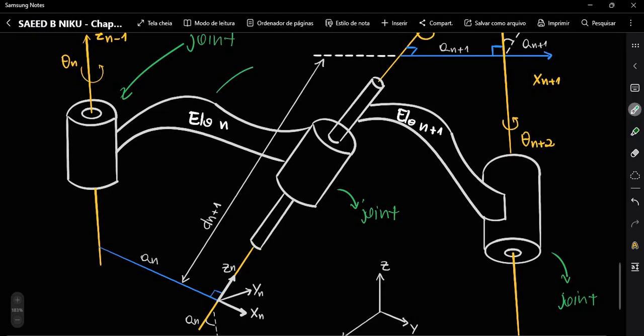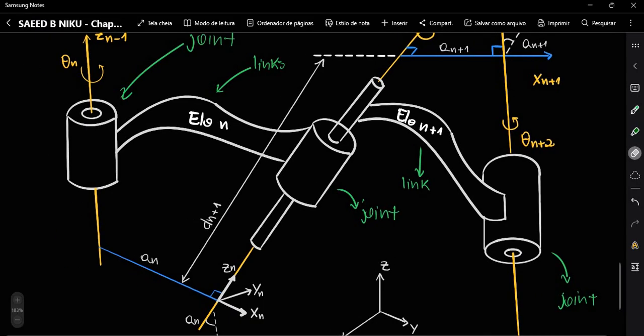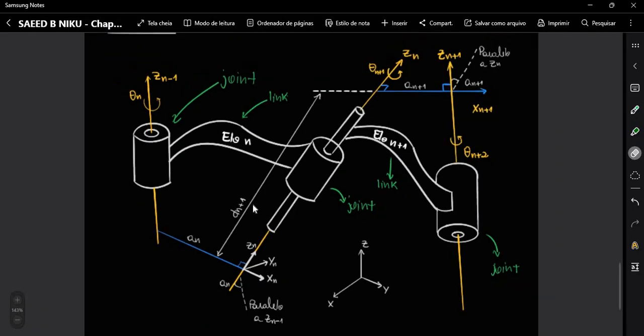And right here, the links. A link. Just a link.